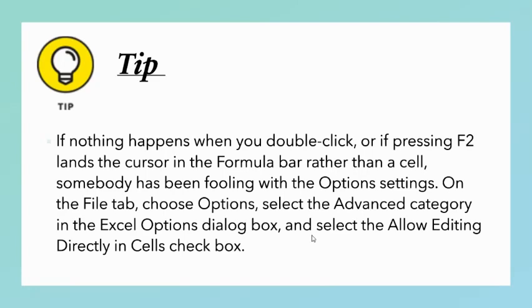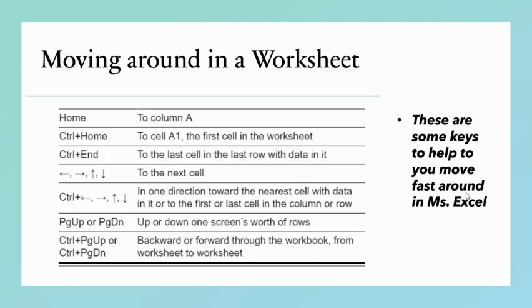Sometimes if the editing checkbox is not checked, your editing cannot work. This is just an additional thing that mostly does not happen, but if it happens for any reason, you can check it there.